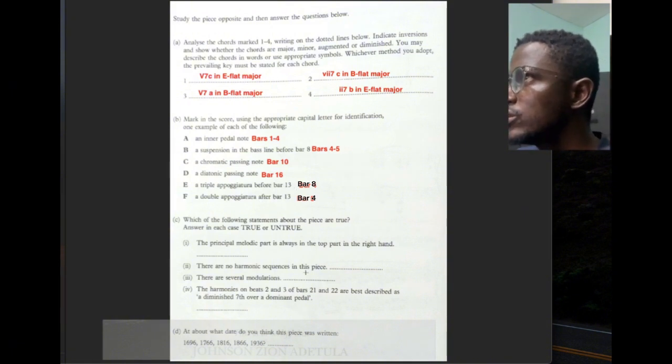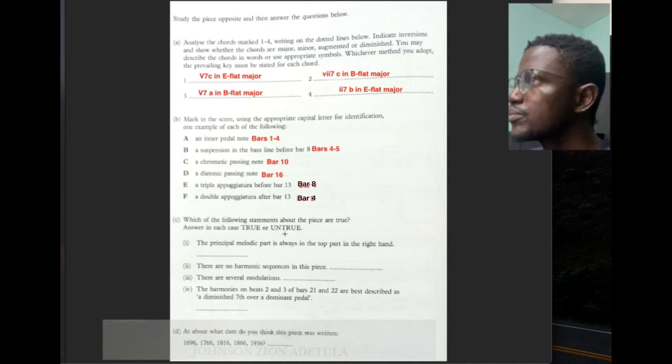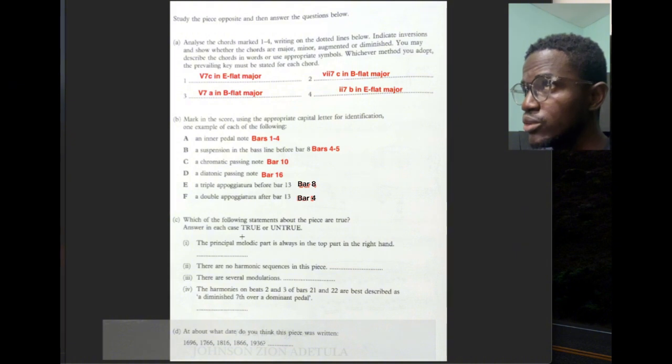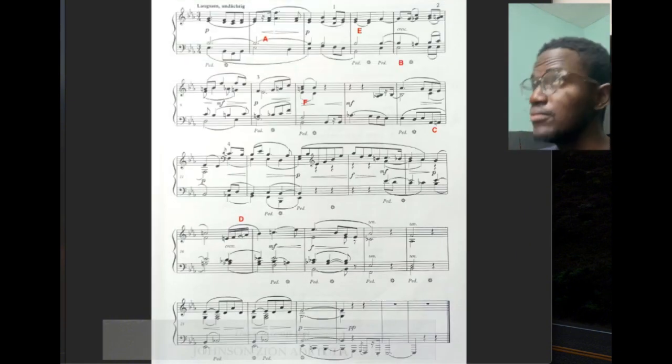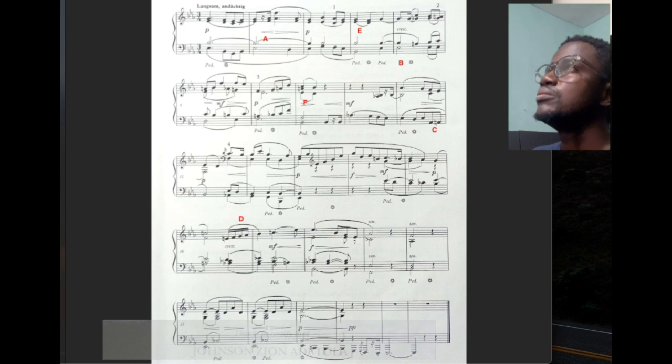Next question. Which sentences about the piece are true? The principal melodic part is always in the top part, the right hand. We'll give this melody in the right hand.